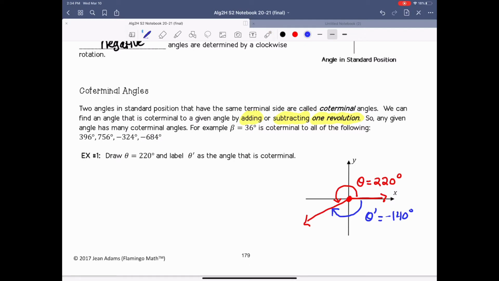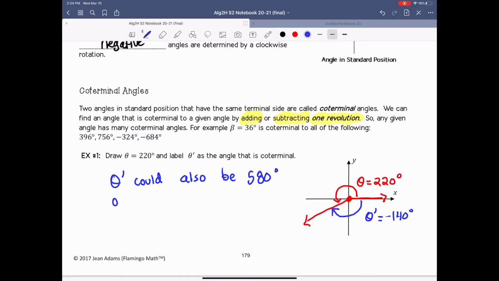Now another example of a coterminal angle, well, theta prime could also be 580 degrees, right? Because we know if we took 220 and we added 360 to it, that would also give us a coterminal angle, and that would give me 580. So that's another example. There's obviously infinite numbers of examples though, so let's go ahead and describe what those examples would look like.